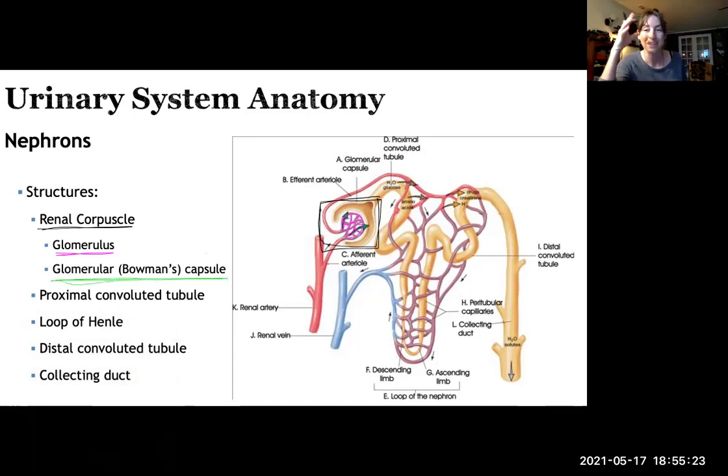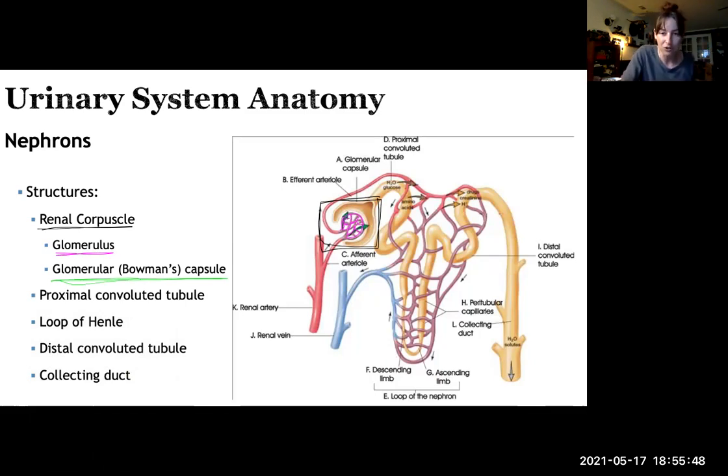Okay, so the Bowman's capsule is literally a capsule of connective tissue that surrounds this capillary bed. The pressure inside of the capsule pulls the plasma out of the capillary bed and into the intercapsular space, okay?